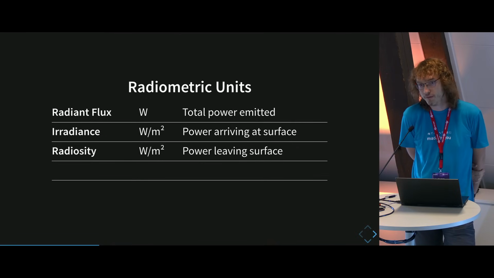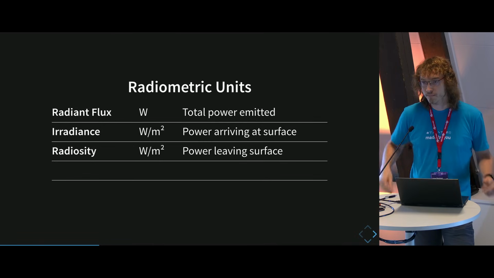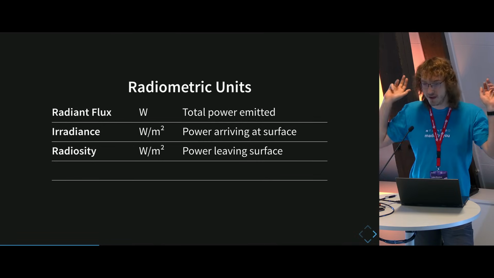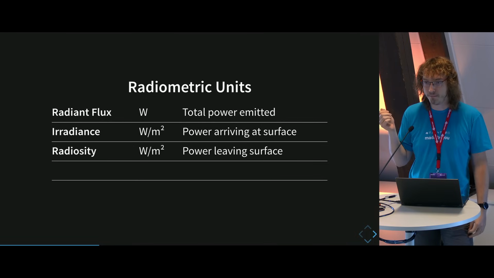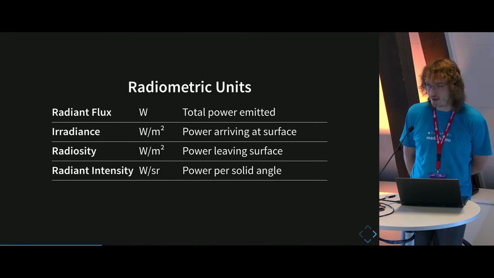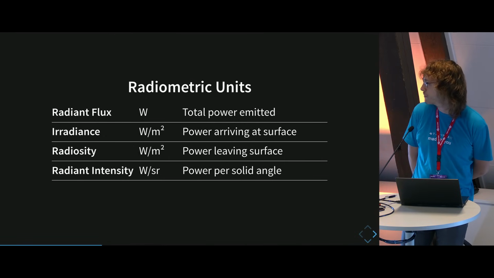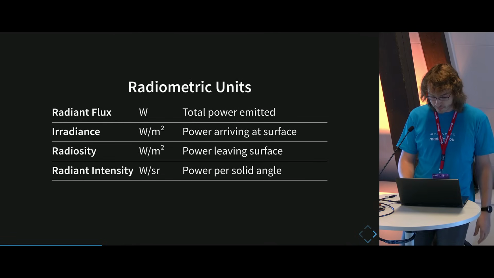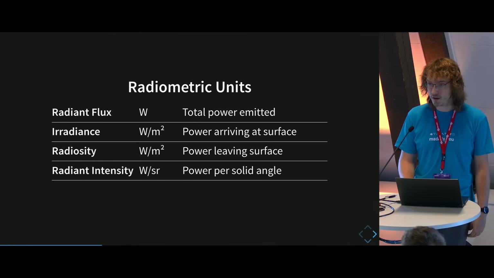A full sphere is 4 pi, so the full solid angle, as it's called, is 4 pi, and that unit is called steradian. So now you know where that comes from. And if we do that, we get something called radiant intensity, which is just power per direction, sort of. And the unit we had before, of course, combined both of these.